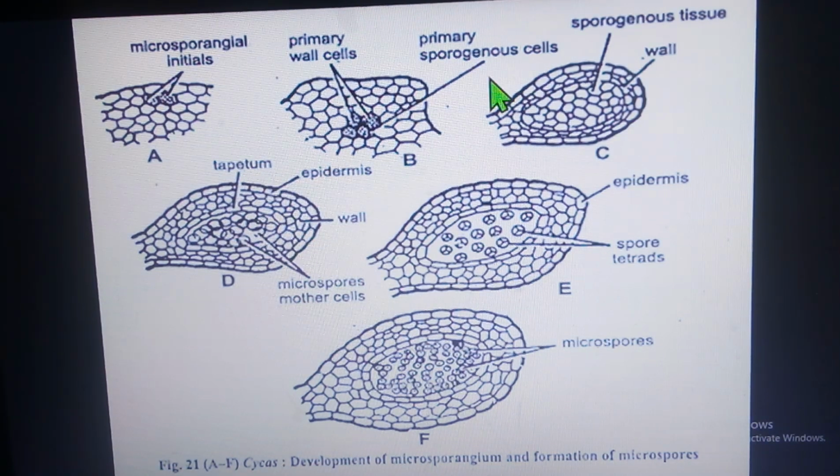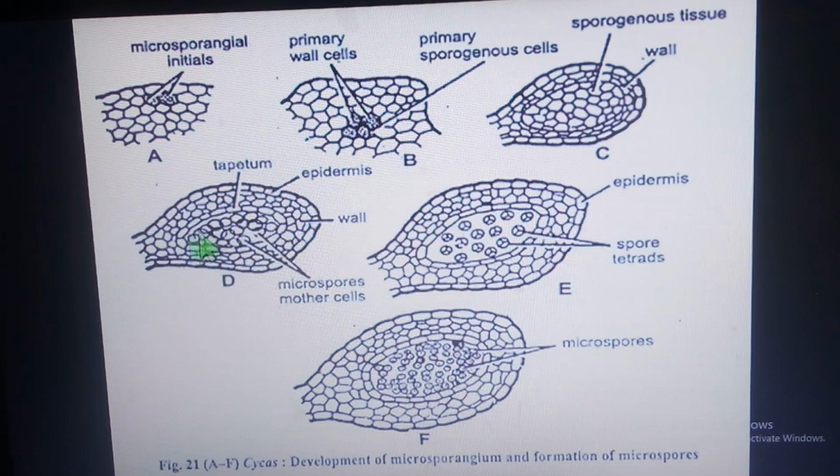Now the primary sporogenous cells will also divide repeatedly to form a mass of sporogenous tissue. The outer primary wall cell will form a 3 to 6 layered wall of microsporangium, and the primary sporogenous tissue will divide repeatedly to form a mass of sporogenous tissue.